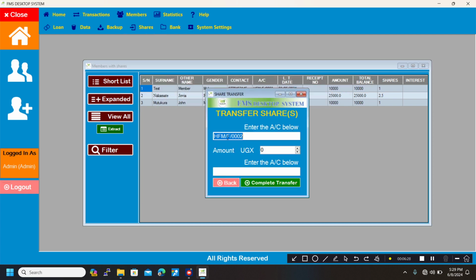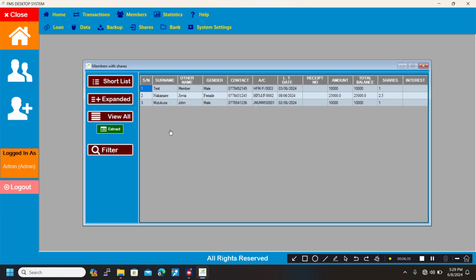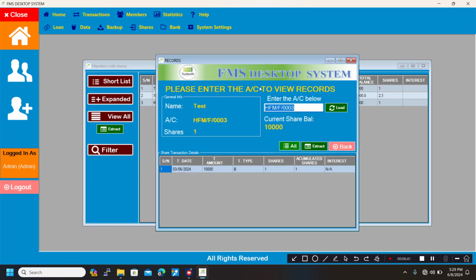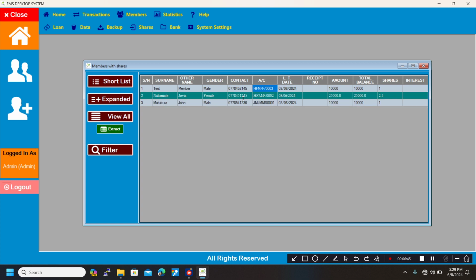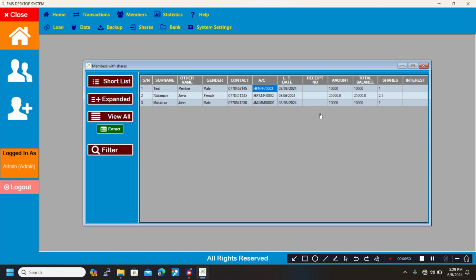Under shares of transferring shares, you could transfer the shares to another account, that is if you wanted. So let's say we are transferring from Nakamate to this person. So we are transferring shares from Nakamate to test member.